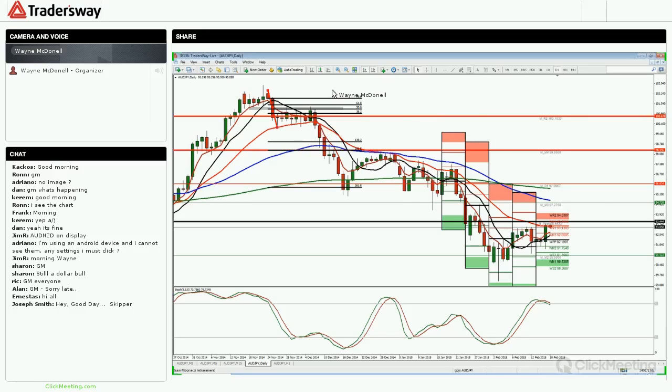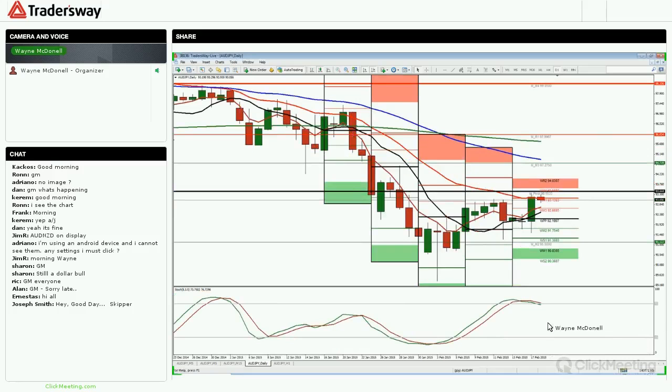That's fine. Okay, that's on the daily, right? So this could take a while to roll over on a smaller time frame, but I think if you were a bear, you could set that up, couldn't you? And have an ambush ready at this higher elevation.